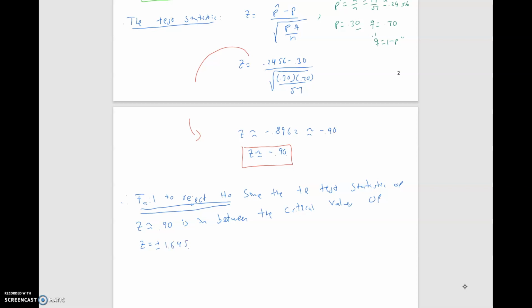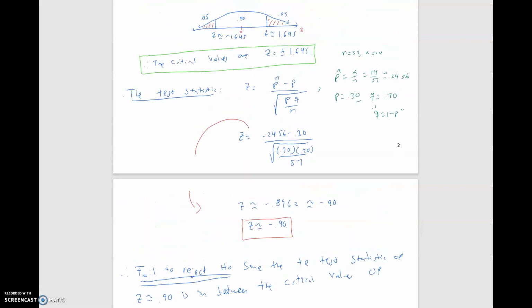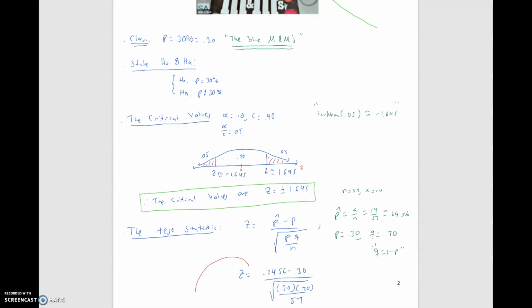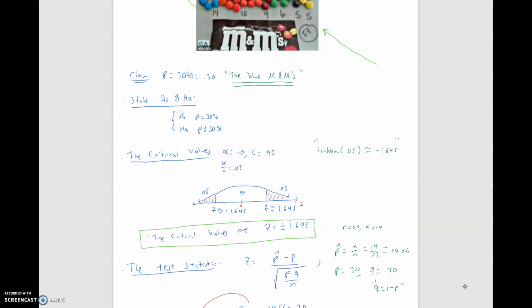Now let's do a basic analysis of what this means. Since we ended up with the test statistic in between these two, that means that you fail to reject H0. That's this one. That means that there is not sufficient evidence that P is not equal to 30%.